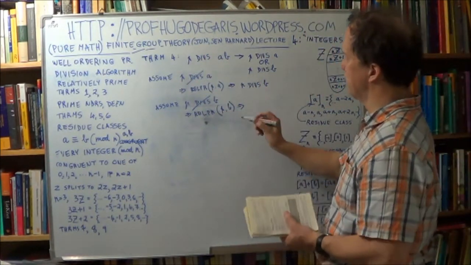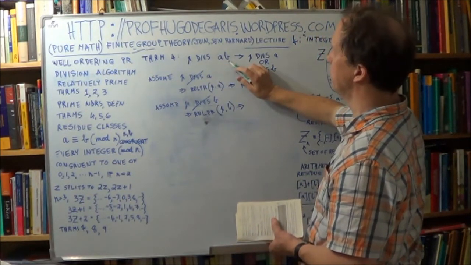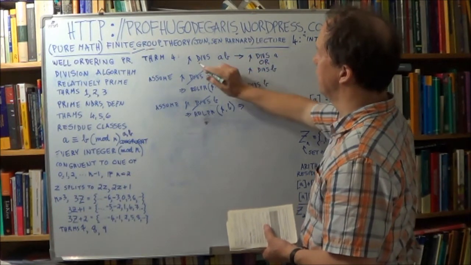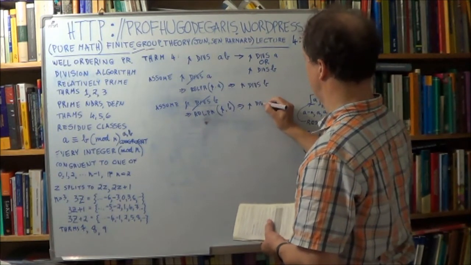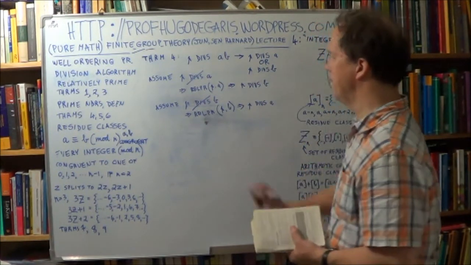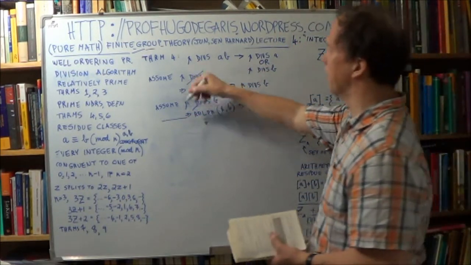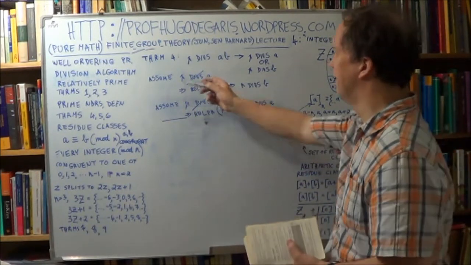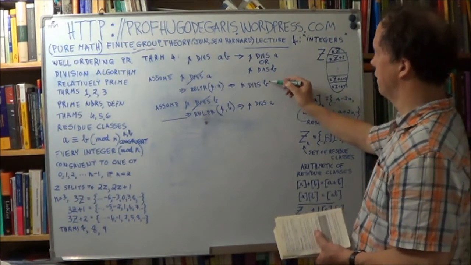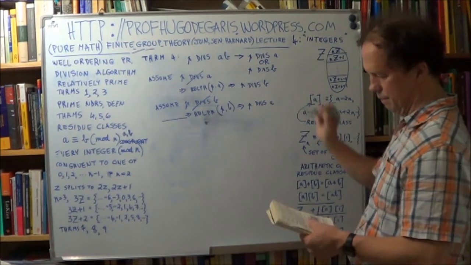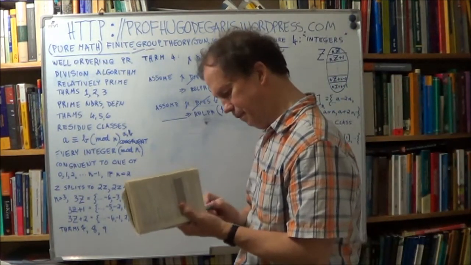If P and B are relatively prime, but P divides the product, then P divides A. So it's one or the other, or both. Either that's true or that's true. So P either divides B or P divides A. So that's theorem 4, done.